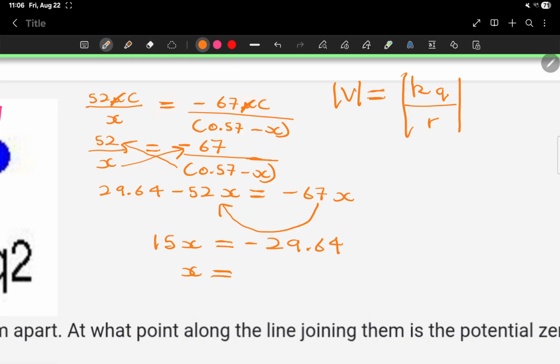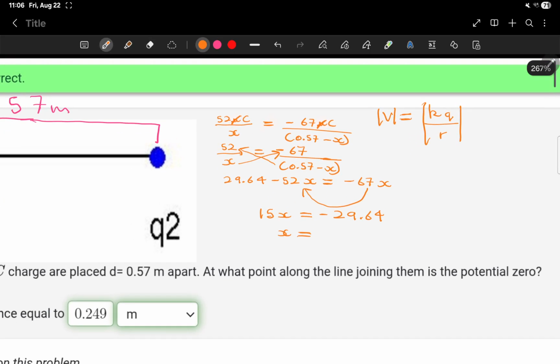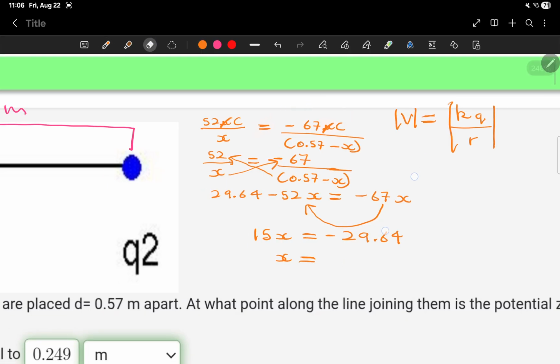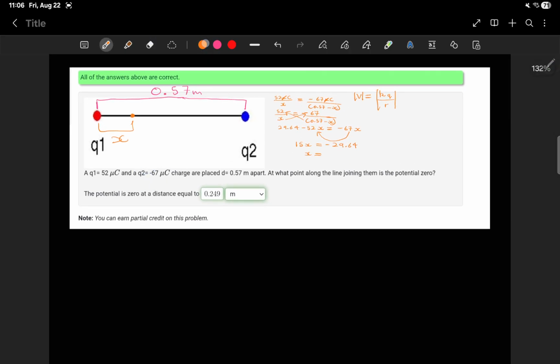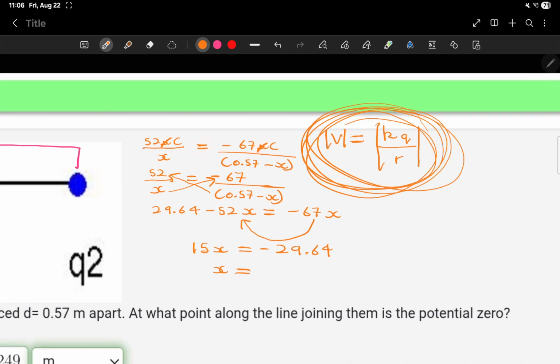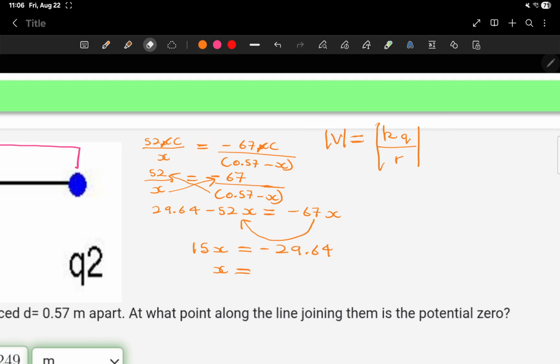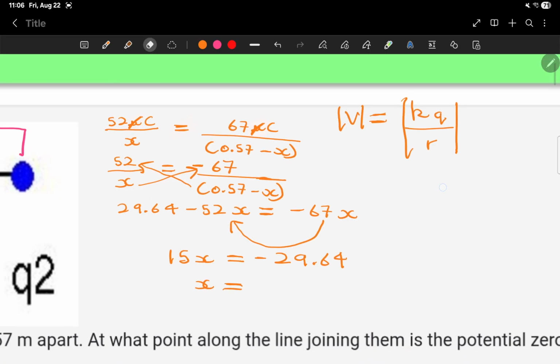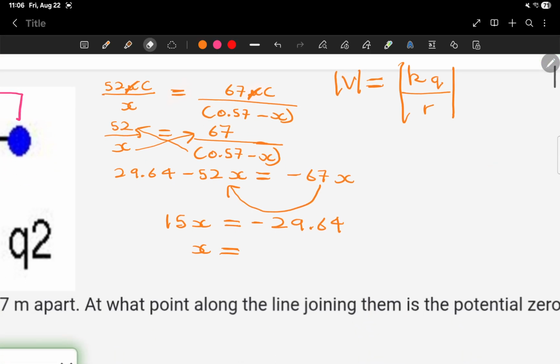So what I did at some point was I plugged in negative 67. Though the charge is negative, we still plug in the positive value because the formula itself for the potential of a charge considers only magnitudes, not the actual directions. So the negative sign should go away.